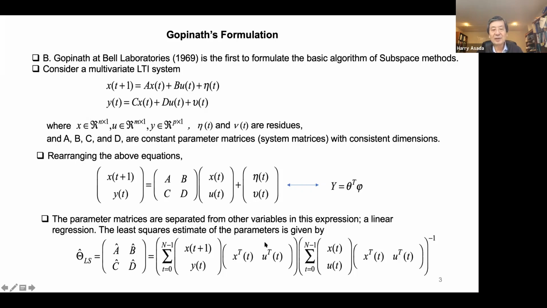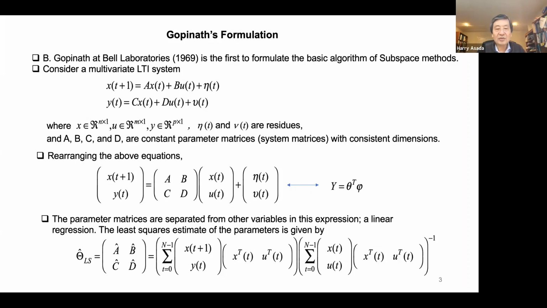But this is right, the equations, and then this part is the output side, x t plus 1 and y t, and the regressor placed back to back. And then that is multiplied by this inverse of phi transpose. Good. So if we can do this, it's great.